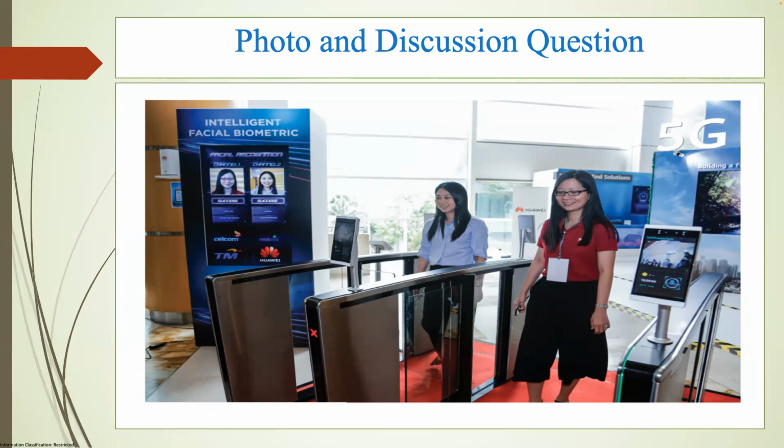Today, companies in Malaysia use technology extensively in their production activity and also produce many high-tech products. A 5G facial recognition security system is demonstrated in Putrajaya, Malaysia.